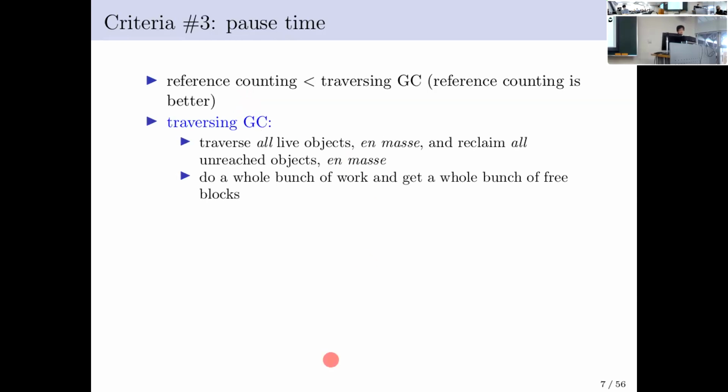The reason behind this stems from the way a traversing garbage collector generally works. As I suggested several times already, without getting into details, it works by traversing all live objects, that is, all reachable objects from the root.